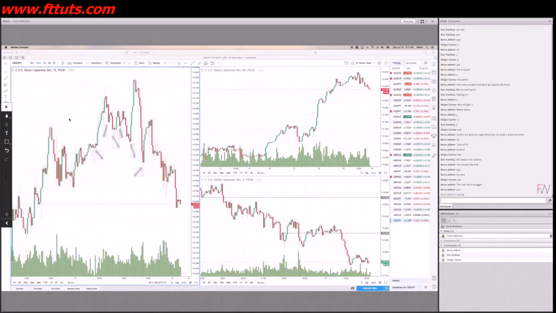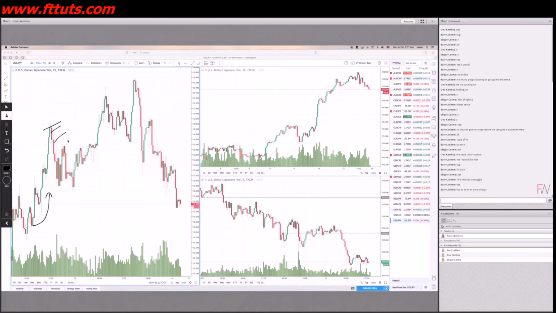That's how you figure out if you're going with the flow. The flow gets disturbed, and then after the disturbance, the V comes back and it's like, okay, the flow has resumed. That's what the V represents: the resuming of the flow after a disturbance.